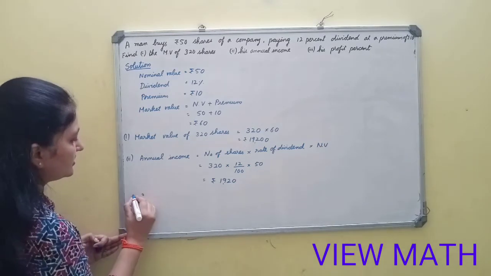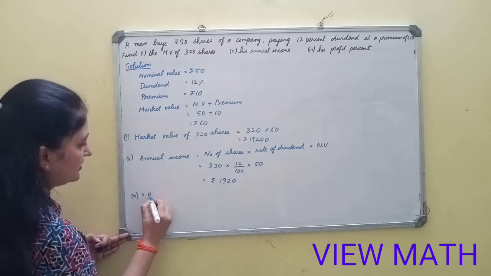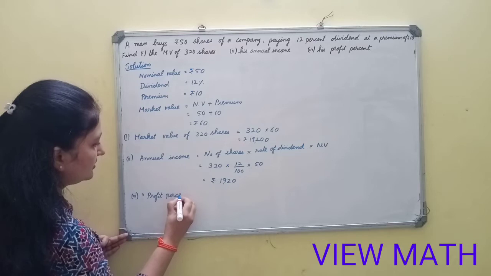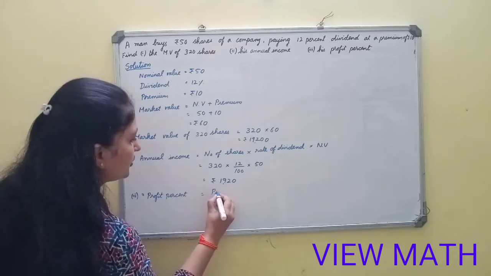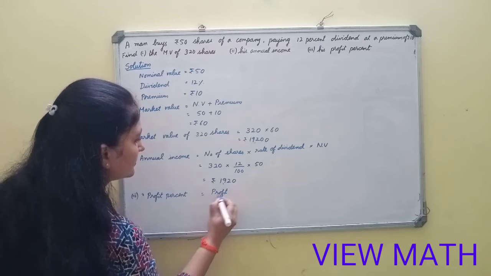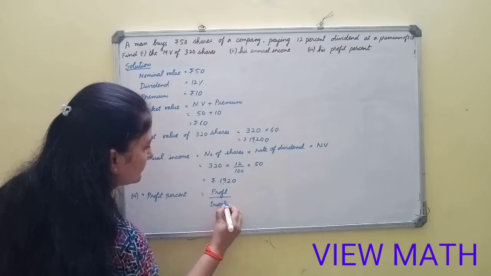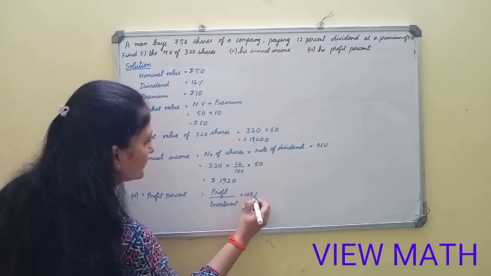Next, third subdivision. They are asking us to find out the profit percent. Fourth formula. So profit percent is equal to profit divided by investment into 100%.